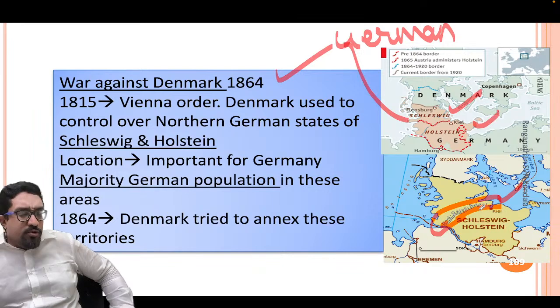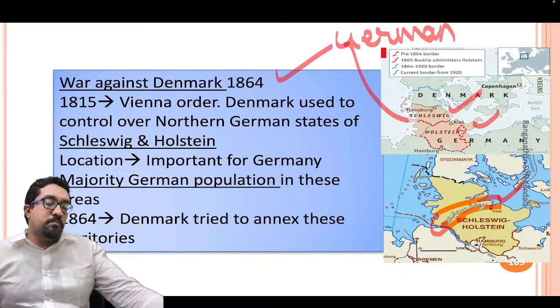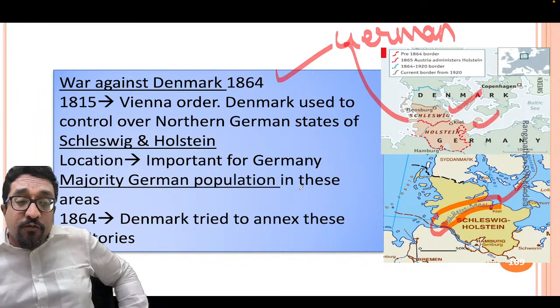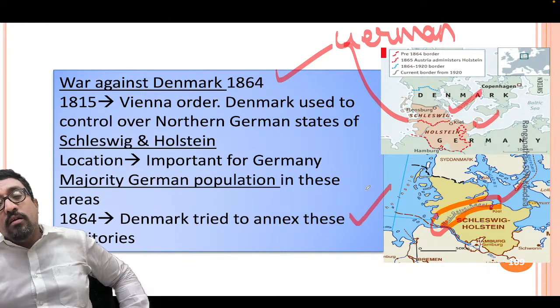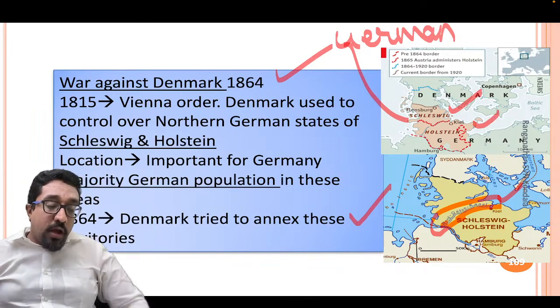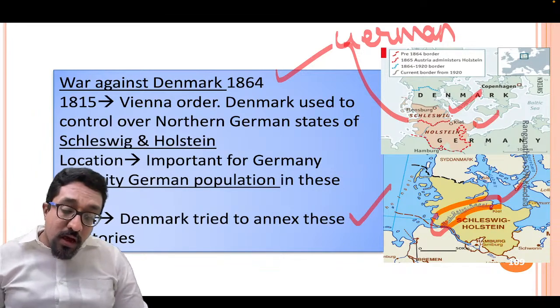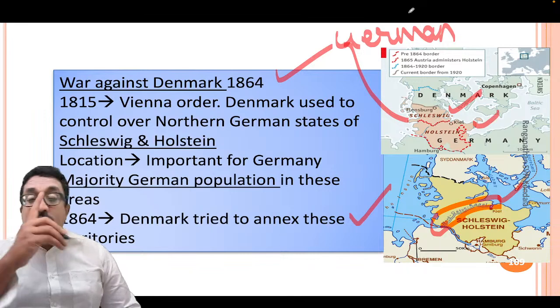German people will naturally expect or anticipate that Schleswig-Holstein is given back to them. ये नहीं हुआ. उल्टा in 1864, Denmark attempted to annex these territories completely. पूरा colonize करने पे तुला आया था. Denmark tried to annex these territories.